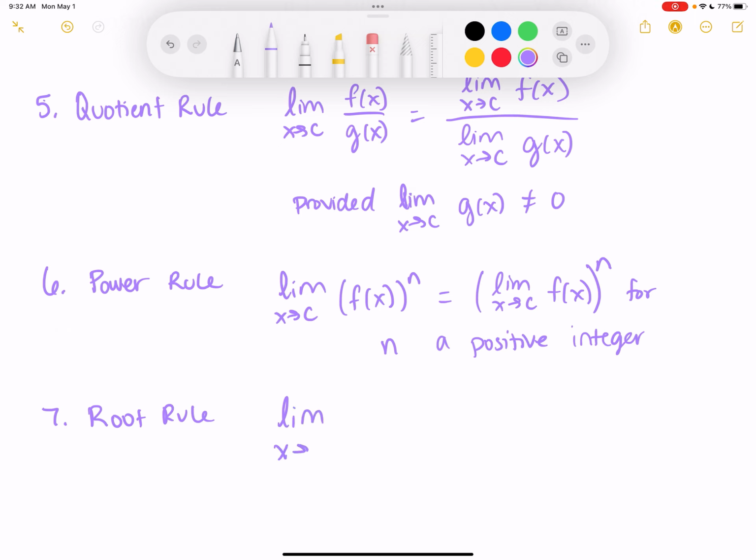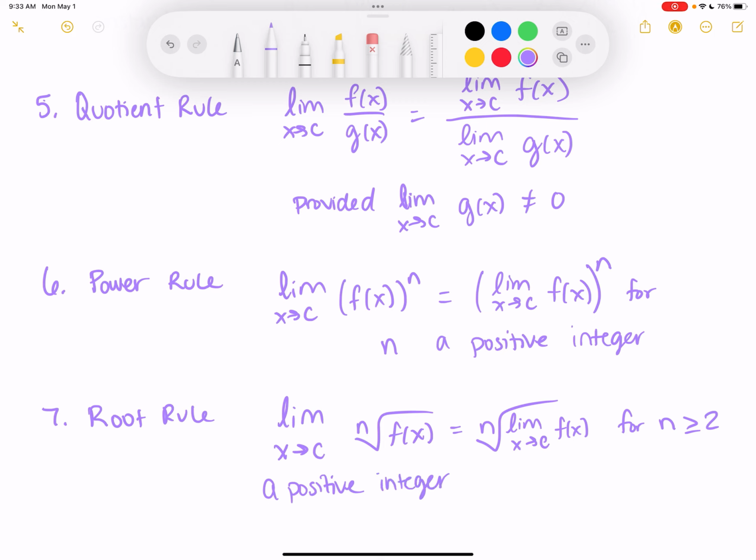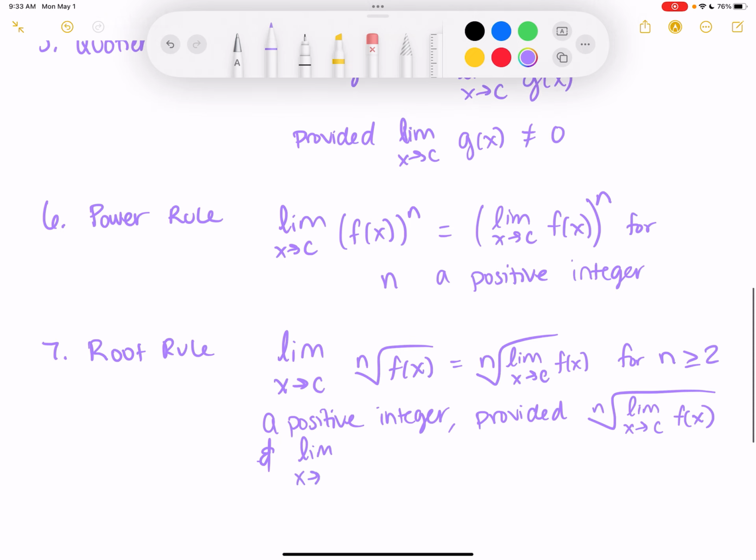The limit as x approaches c of the nth root of f of x is equal to the nth root of the limit as x approaches c of f of x for n greater than or equal to 2, a positive integer, provided the nth root of the limit as x approaches c of f of x and the limit as x approaches c of the nth root of f of x are real numbers.